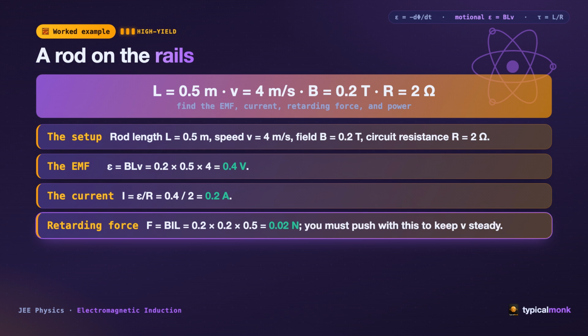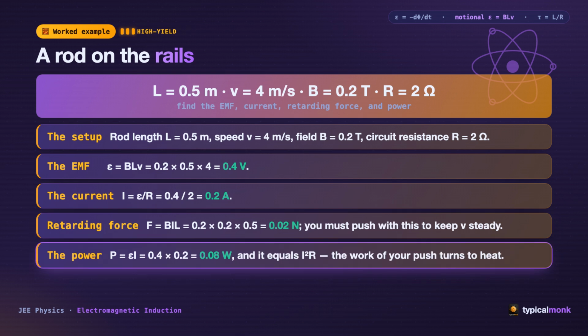The retarding force, F equals BIL: 0.2 times 0.2 times 0.5, which is 0.02 newtons. You must push with exactly this to keep the speed steady. And the power, P equals the EMF times I, 0.4 times 0.2, which is 0.08 watts, and it equals I squared R, the work of your push turned into heat.